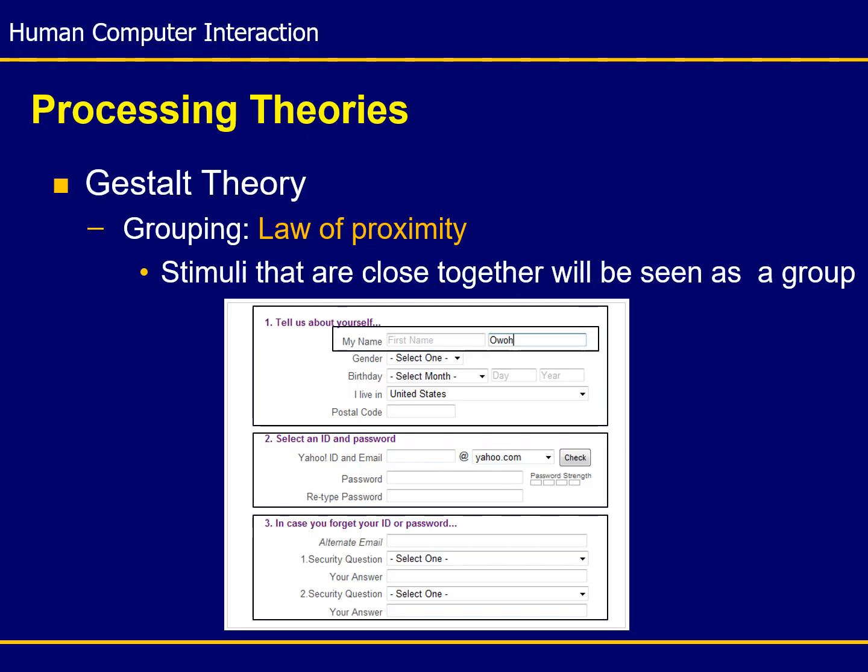And then the next unit comes in the next line, and the next unit in the next line, and so on. So you could apply proximity recursively in your form or in your design, not just at some high level, but even at the nested levels within that high level. And that's what you're seeing here in this form.